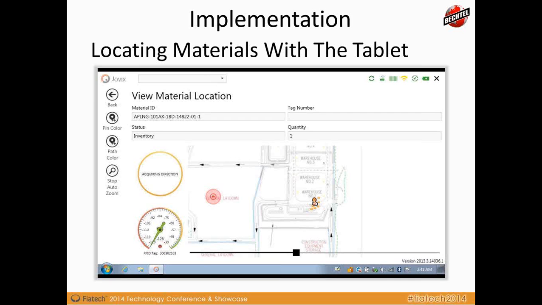If anything has moved from A to B, and we do set tolerances around that because certain things could move just a couple of meters, there's a tolerance set for anything that suggests a significant movement. That's reported back to the material management teams, which allows us to plan the execution to meet the construction team's demands.